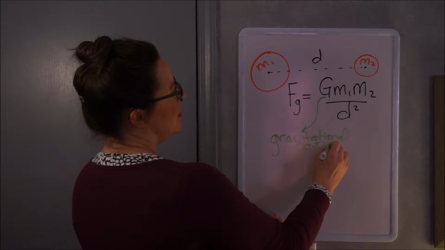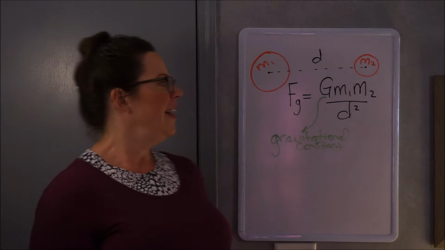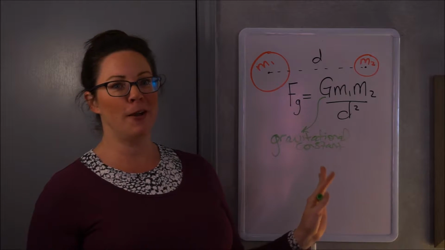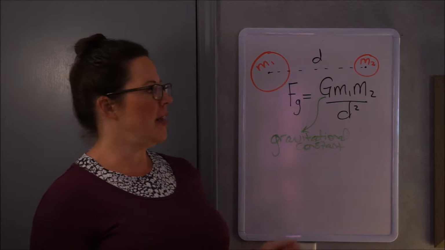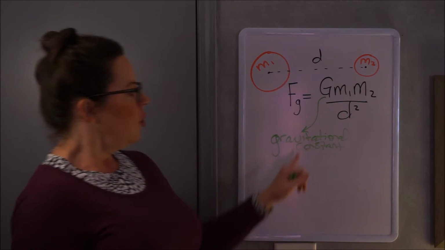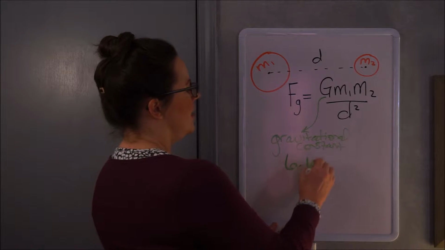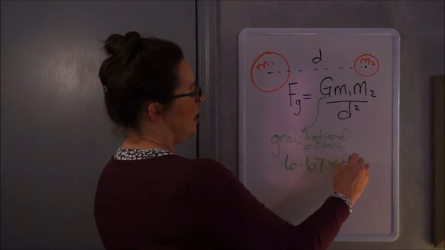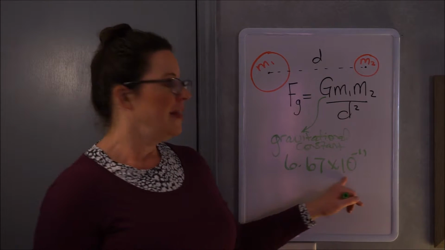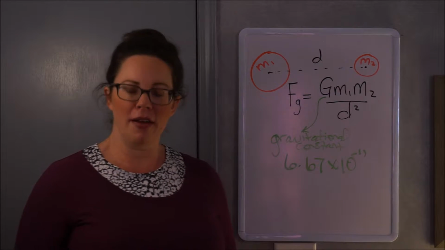And what most students look at when they look at this equation, they get very nervous and they say, whoa, that's a lot of variables multiplied together with a square on the bottom. This looks complicated. When they look at the value for this constant, it's 6.67 times 10 to the negative 11, then they get even more nervous because that looks like an unfriendly number to put in your calculator.